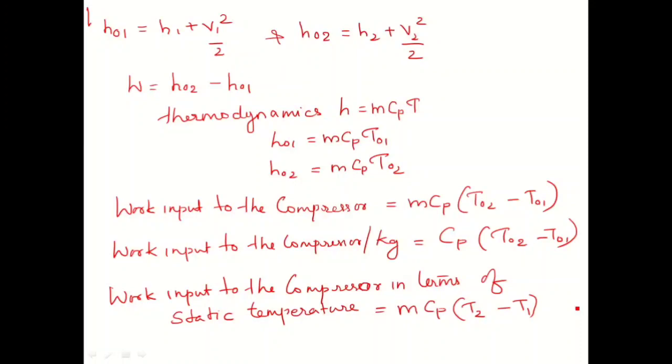So next, according to the thermodynamic relationship of a perfect gas, again we are taking H01 equal to Cp into T01 and H02 equal to Cp into T02.